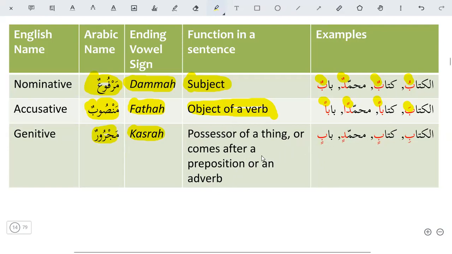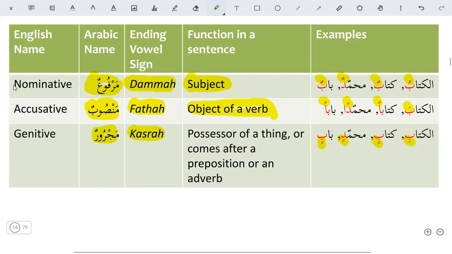And if it is followed by a preposition or an adverb, it will also take kasra. Its sign is that the last letter of the noun will take kasra. Al-kitabi, kitabin, Muhammadin, babin.